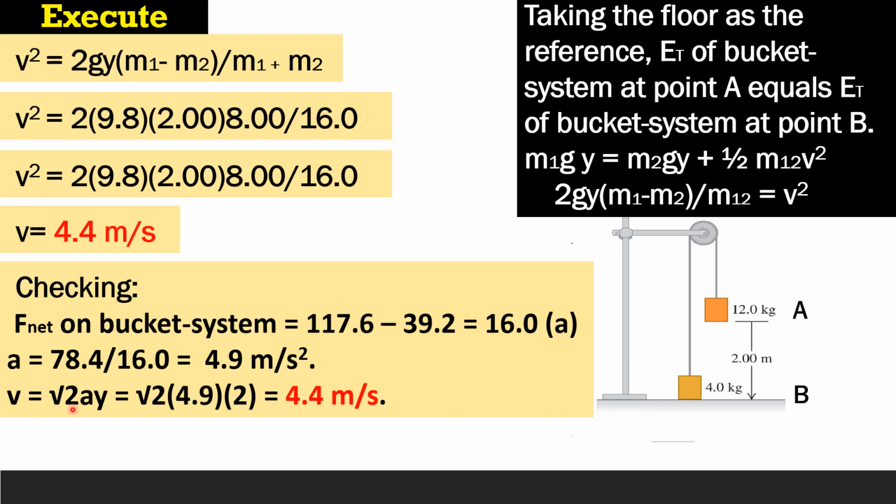Since the 12 kilograms started from rest, v initial is cancelled, and we are left with this working formula for the final speed: the square root of 2 times the acceleration times the displacement, in reference to our chosen reference level at point B. Substituting 2 times 4.9, the acceleration we got earlier, multiplied by 2, and getting the square root of the product, we get 4.4 meters per second.